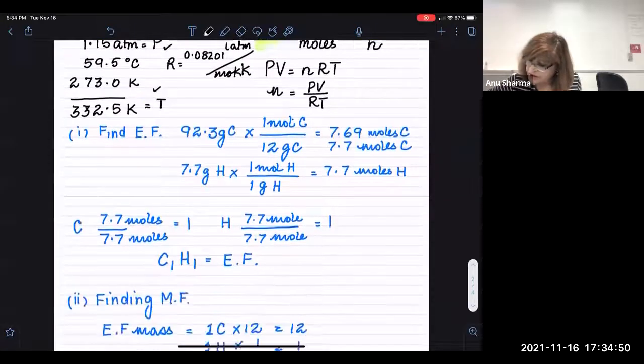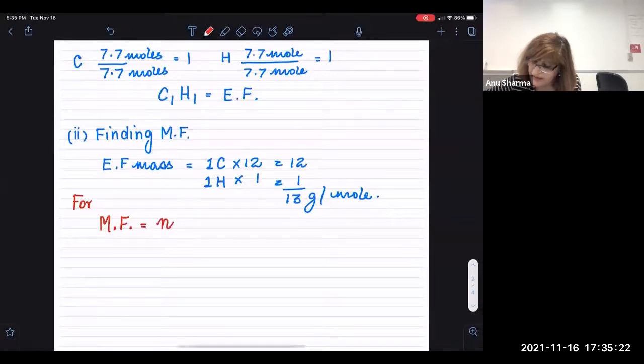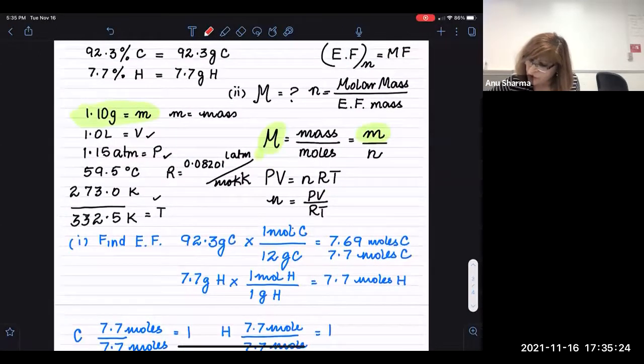Okay, so here is the way I'm going to just talk back. So we talked about that for the molecular formula, you would need the value of N. Okay, for molecular formula, you need the value of N, and where do you get this N?